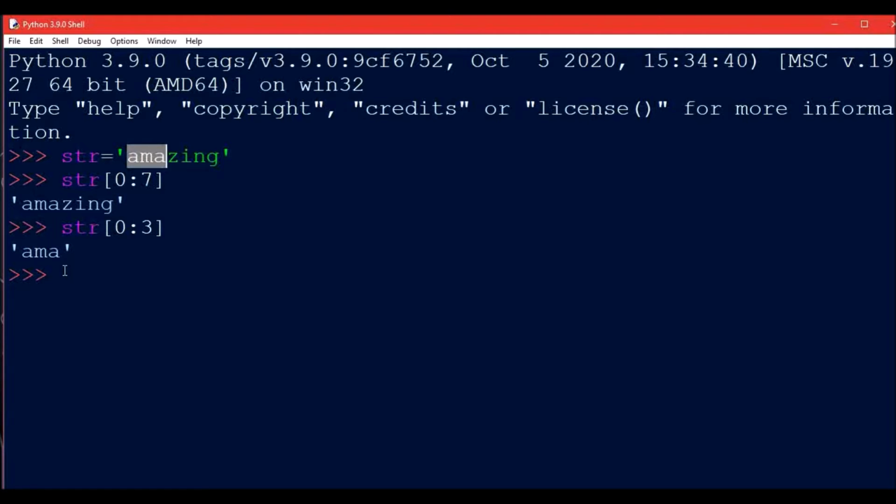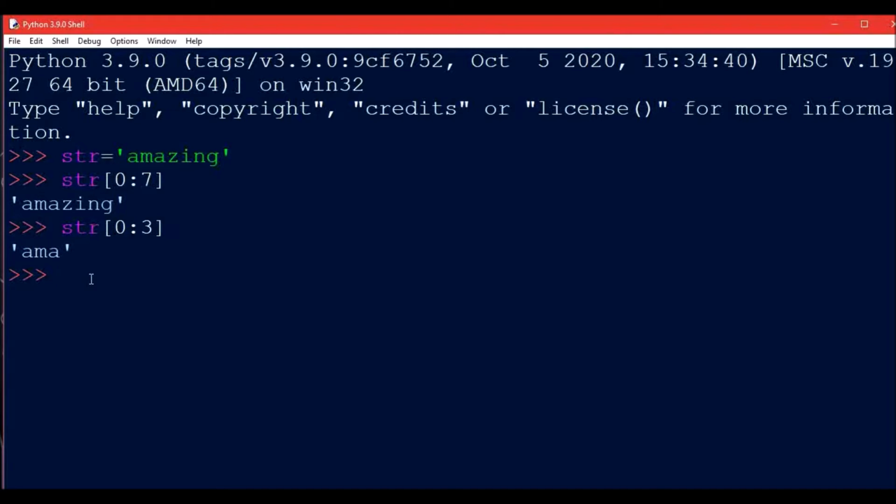Or you can take it like this also, that if we are taking 7, so first 7 characters will be printed if 0 is there. So first 7 characters means 1, 2, 3, 4, 5, 6 and 7. And if we are writing 0:3, then first 3 characters will be printed, so it will be 1, 2, 3, first 3 characters.